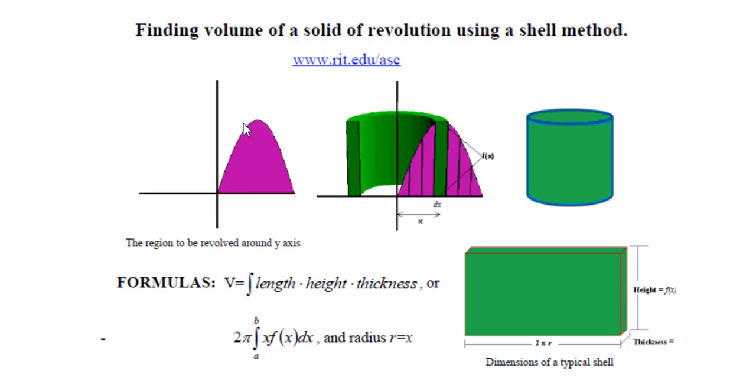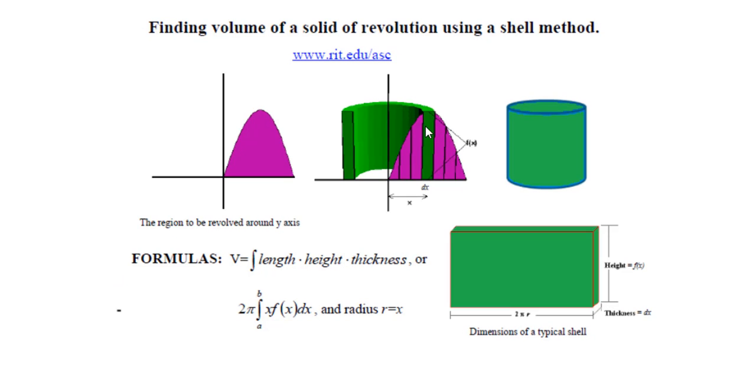Suppose here is the shaded area rotated across the y-axis. Then from this solid rotated across the y-axis, we can take a very thin cylinder. You can imagine it's a printer paper.